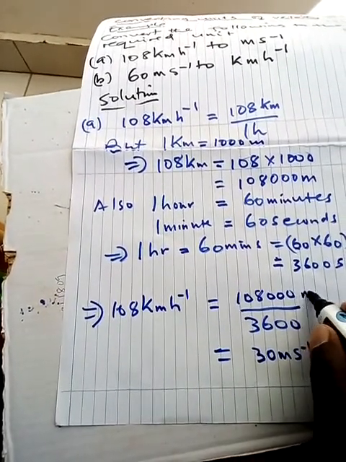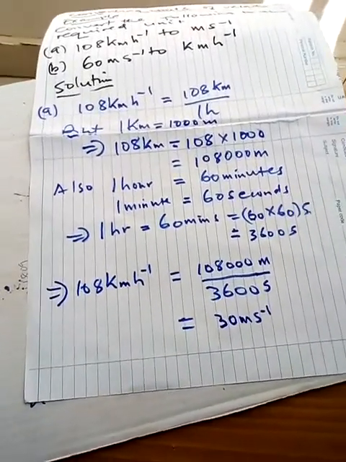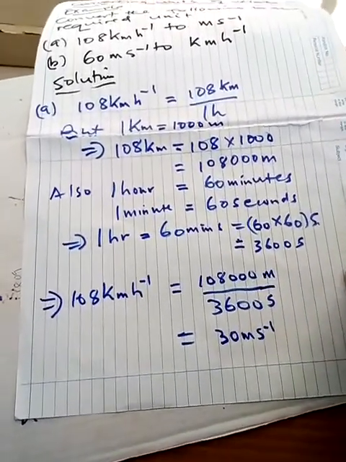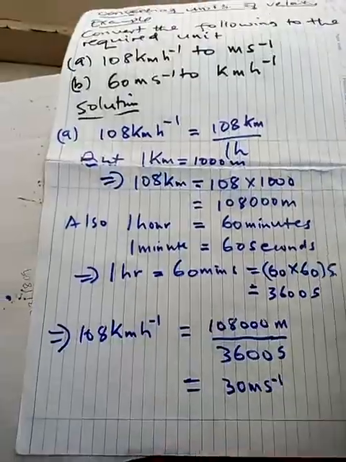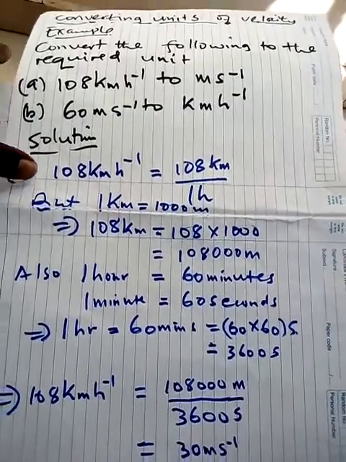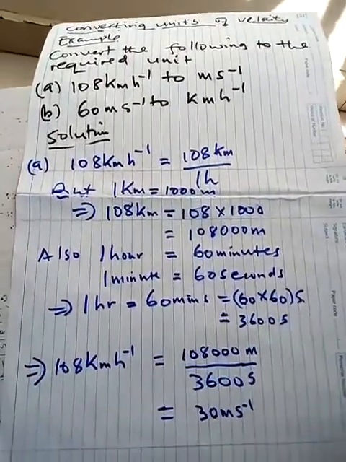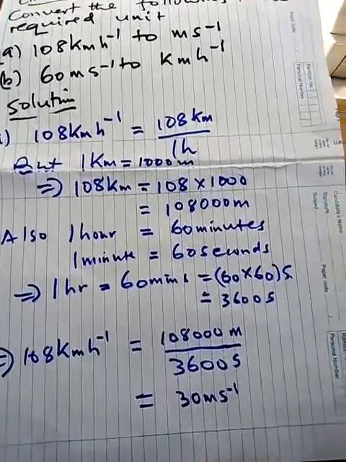Remember, what is up is in meters and what is down is in seconds. So that gives you 30 meters per second. So that's how you could convert the speed, or velocity, given to you in kilometers per hour into meters per second.